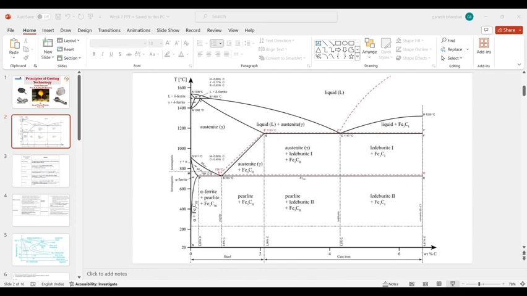For example, if you want to make the body of a car, we take a mild steel sheet and deform it according to our need into the desired shape. Those sheets are generally produced with the help of cold rolling or hot rolling of ingots.